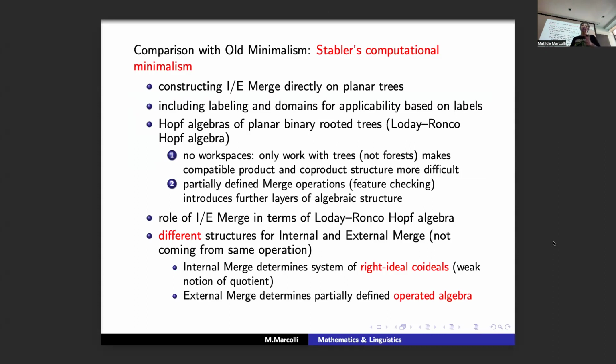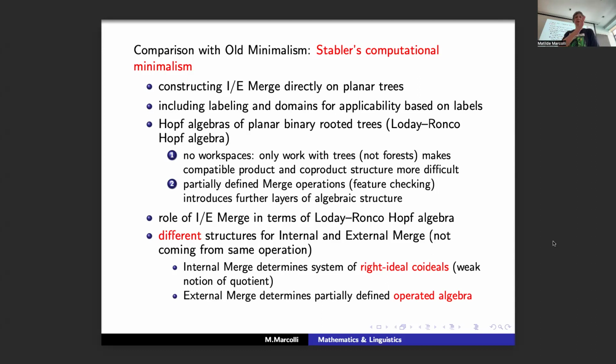This older version of minimalism exists in various slightly different forms because it started being developed in Chomsky's book on the minimalist model in the early 90s. It continued to be the main model for generative linguistics until the past 10 years, when this more recent model took over.